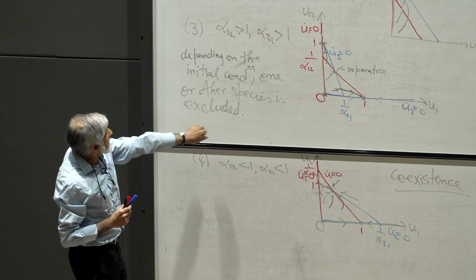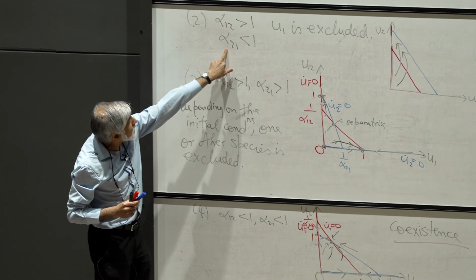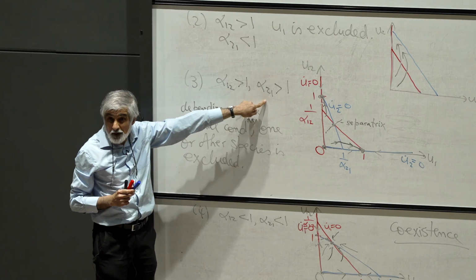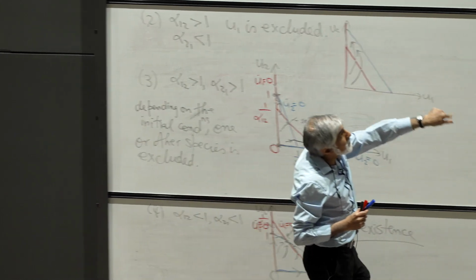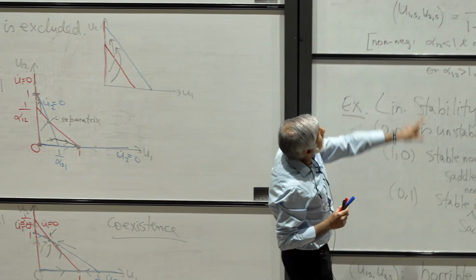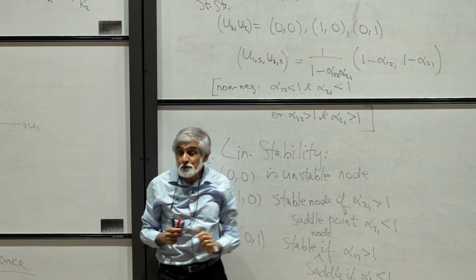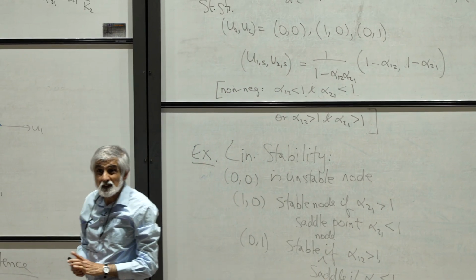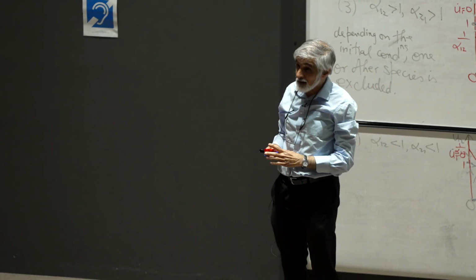And that means you have to make alpha 2, 1 bigger than 1. Alpha 2, 1 is the ability of the red squirrel to compete with the grey squirrel. So you've got to make the red squirrel a better competitor.